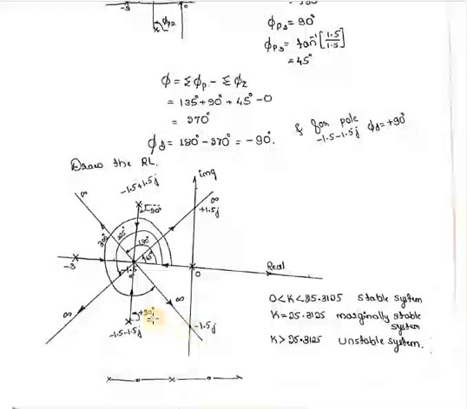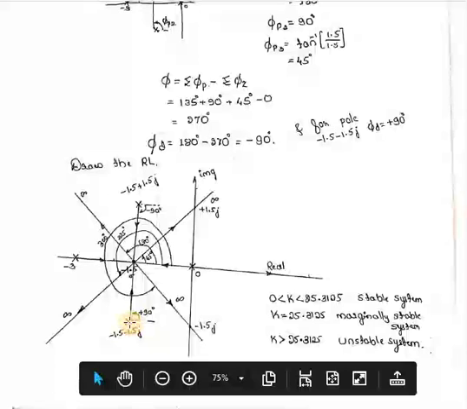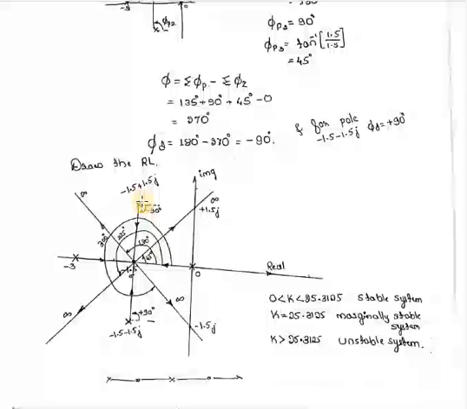The third one starts from minus 1.5 plus 1.5j as the starting point, and it will leave the path tangentially at the departure angle of minus 90 degrees. Again it coincides with the same thing, comes to the breakaway point, then tends to infinity by following this asymptote.